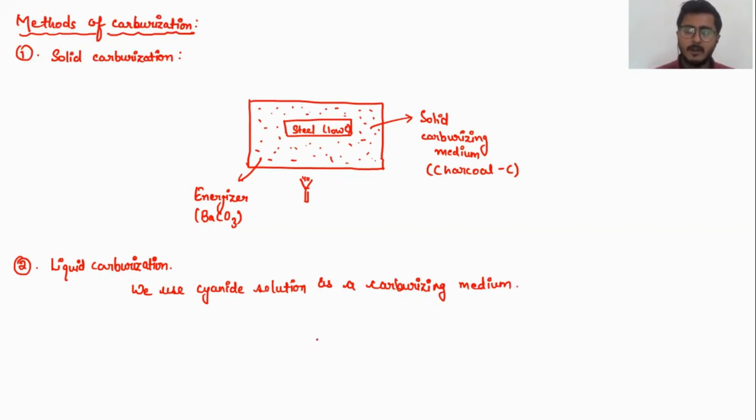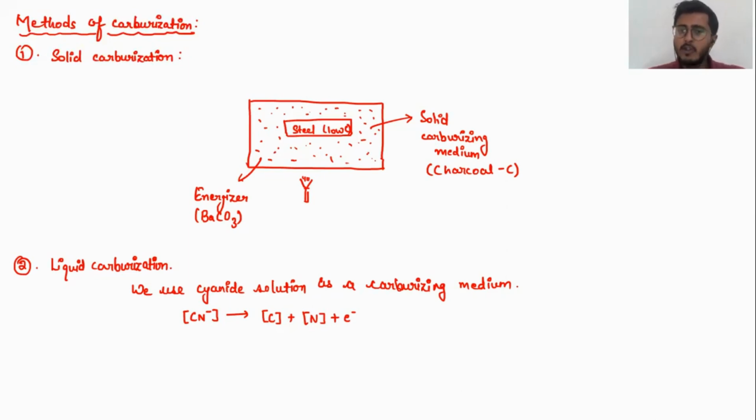You must have learned about the cyanide salts, right? So the cyanide solution is nothing but a composition of carbon and nitrogen. Okay, so it can be converted into nascent carbon and nascent nitrogen. Okay, so this is your cyanide solution, and it can be broken down into your nascent carbon and nascent nitrogen.